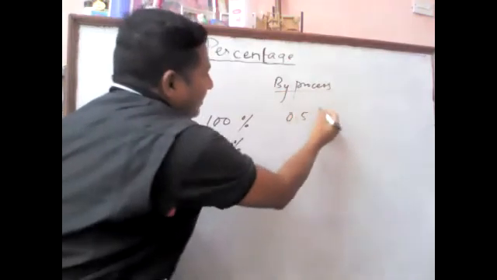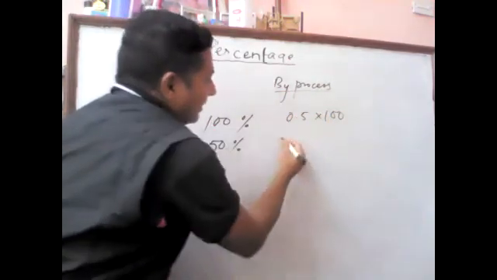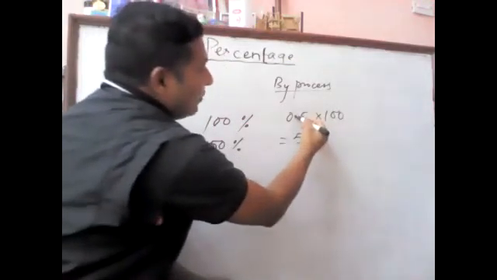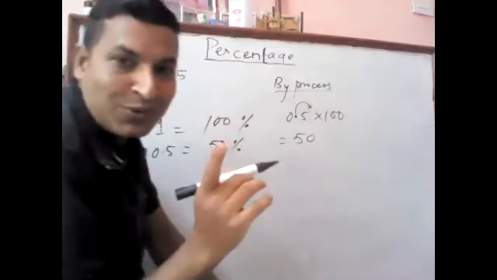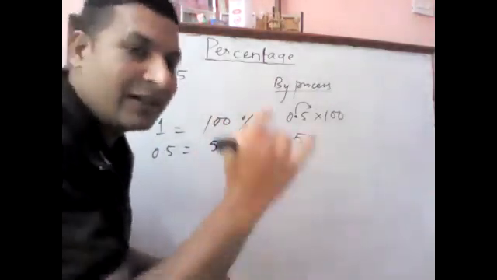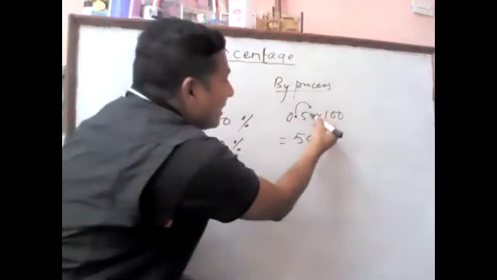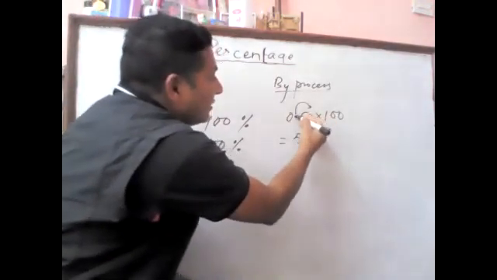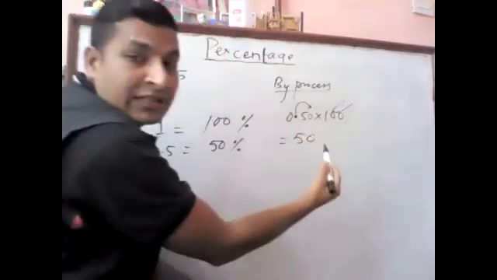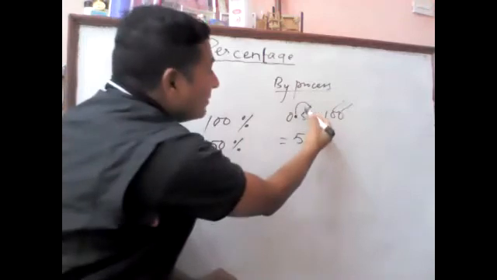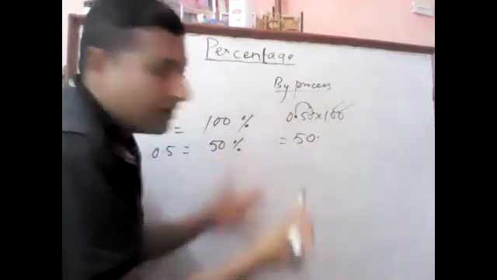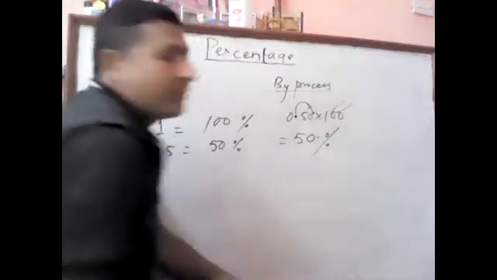If we multiply 0.5 by 100, we will get 50. You know the multiplication of decimals by 10, 100, 1000: add two zeros and the decimal goes two places right. So 50 with the decimal at the last, and this is 50%.